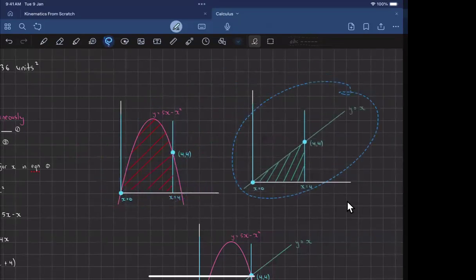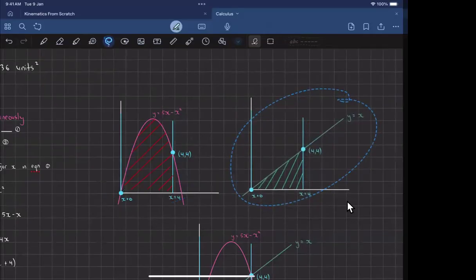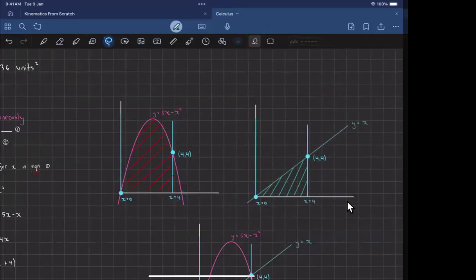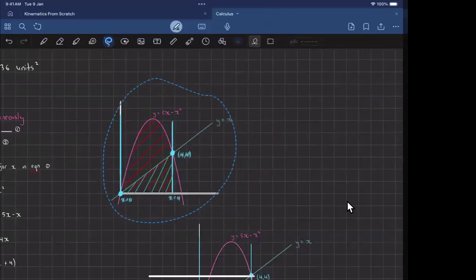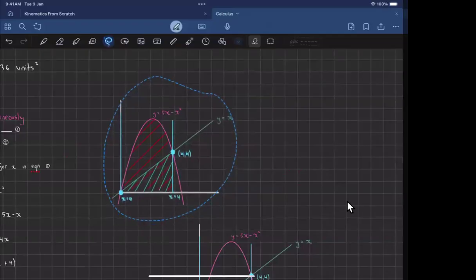So look at that. When I overlap it, notice that a piece of this graph is overlapping with the shading in this graph. Look at that. See it? Yeah. And you see an area that's unshaded, like it's not interacting.